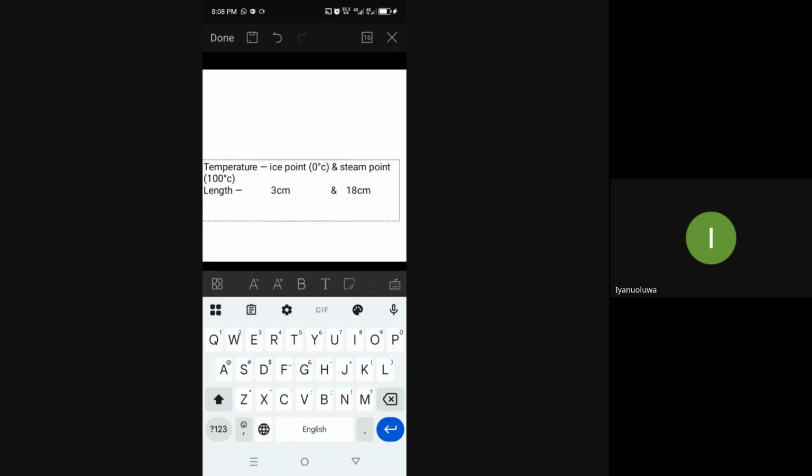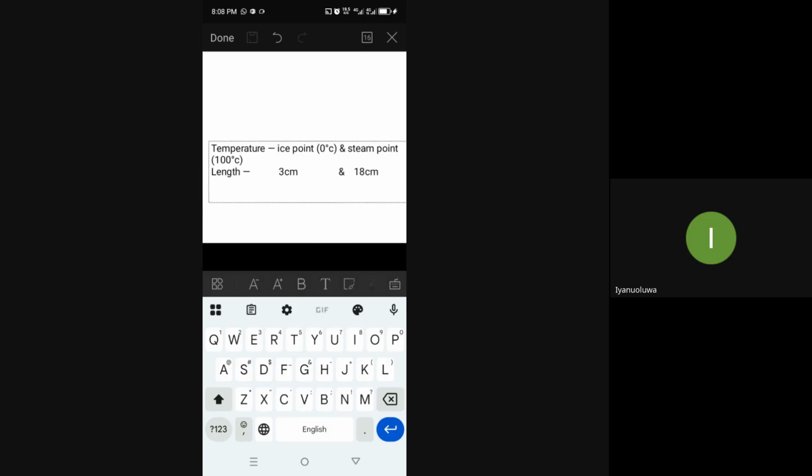Okay, good. All right, so let me explain what she just said now, so that none of us will be confused. Now, there's a relationship between temperature and length. 3 corresponds with 0 degrees Celsius, the ice point, and 18 corresponds with 100 degrees Celsius. Now, what is the length at 60? So 60 is what they're asking us, what's the height, rather? We don't know.